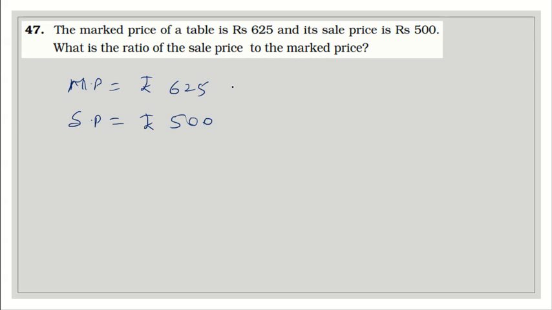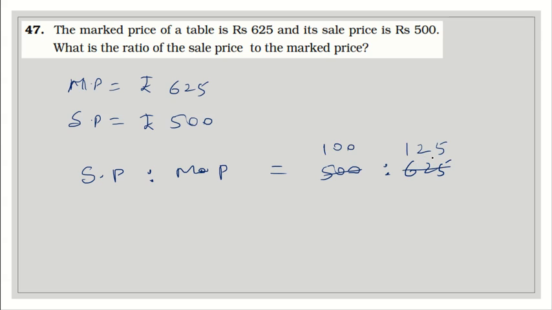Now they are asking us to find the ratio of selling price to market price. That means 500 is to 625. Now cancelling by their common factors, 5 hundreds are 500, 5 fives are 25. So 100 is to 25.